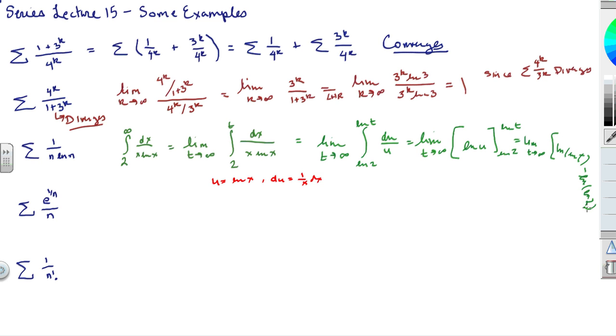Sorry about that, going down the side of the page there. Even on this, I go down the side of the page. But actually, all we need to know is whether this converges or diverges. And ln of t goes to infinity, so this diverges.